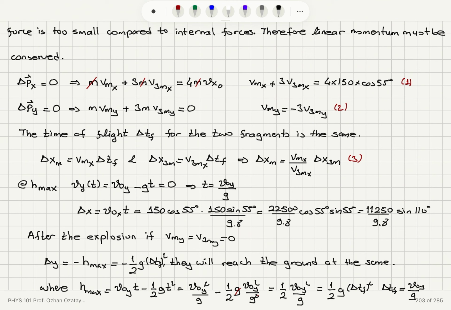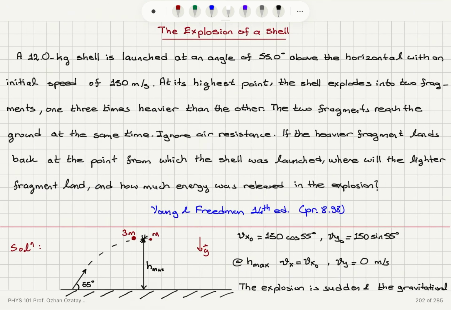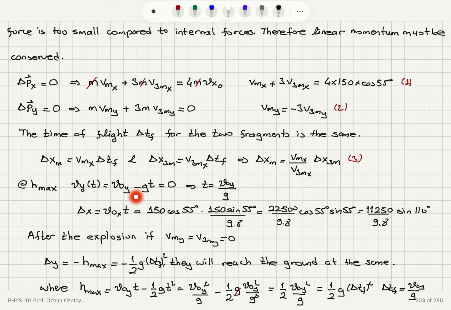And after the explosion, the time of flight for the two fragments is the same, and the displacements on the x-axis are vmx times delta tf and v3mx times delta tf, so delta xm is related to delta x3m by vmx over v3mx. Regarding the time it takes for the shell to reach the maximum height, the final y component is 0, so it takes v0y over g.